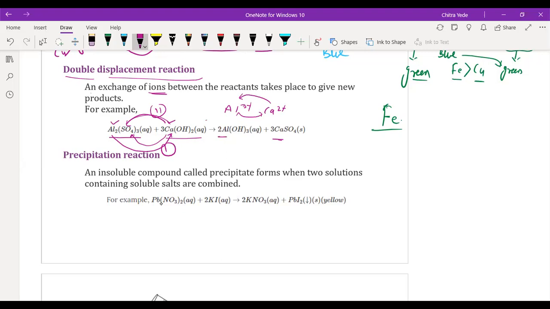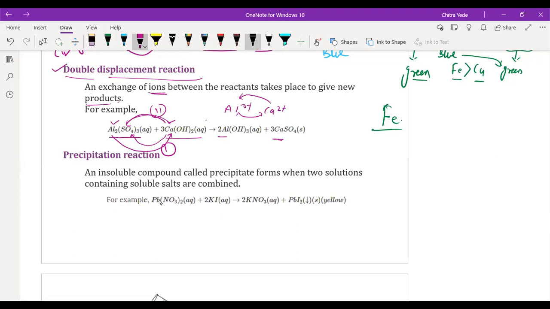So an exchange of ions between the reactants to form new products is called a double displacement reaction. Understood? Yes, sir. Okay, so do you want the definition, or we'll do that definition also?